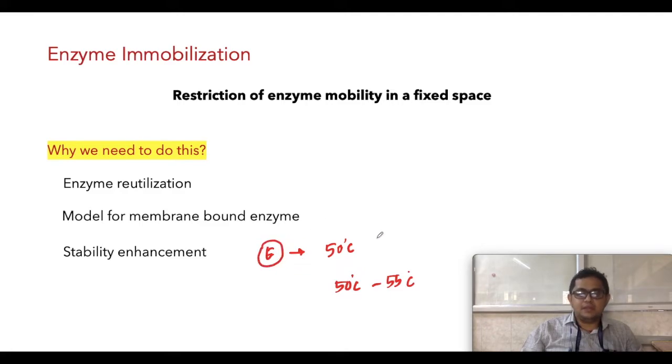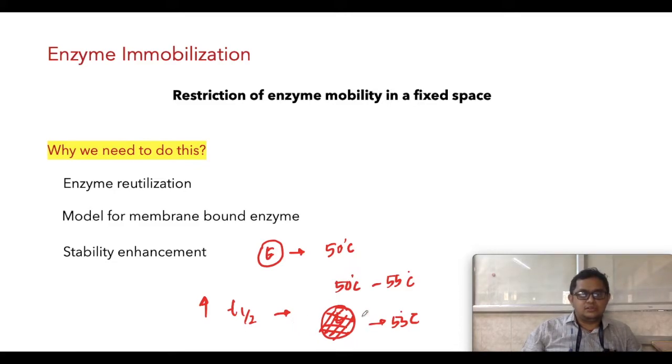The reason is the half-life comes down immediately at 50 or 55 degrees, a very short half-life. You can enhance the half-life of an enzyme by putting the enzyme in a protective layer, or you can entrap it, so that you can increase the half-life. So even at 55 degrees Celsius, the same enzyme works for an extended period of time.